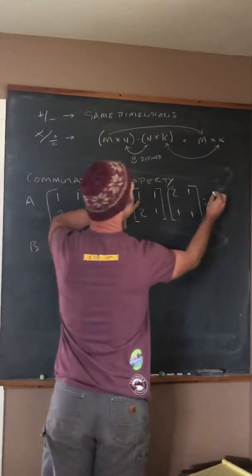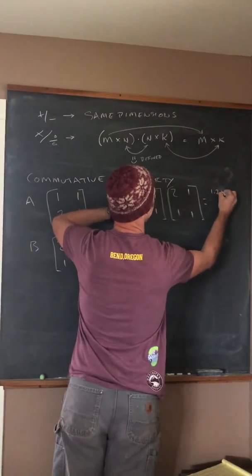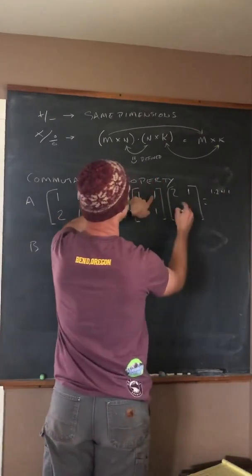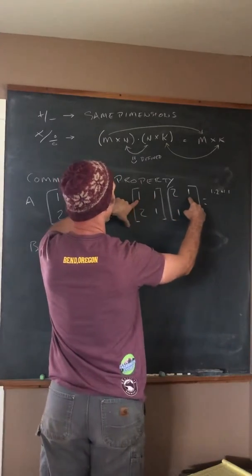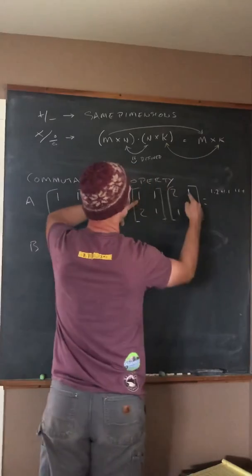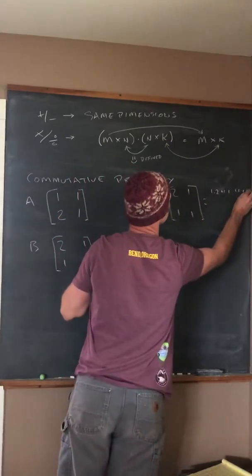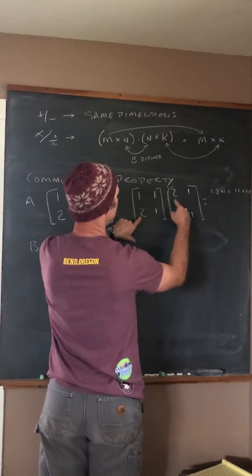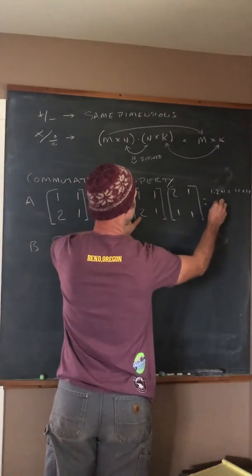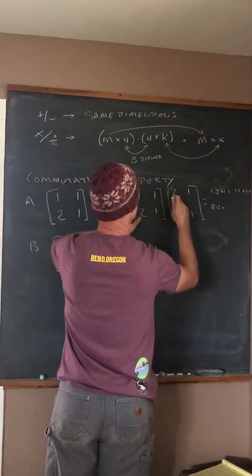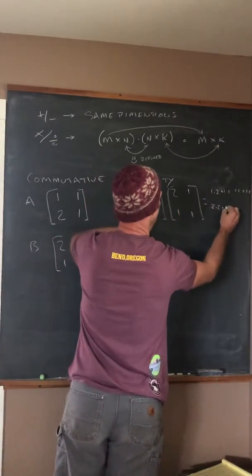1 times 2 plus 1 times 1. Okay? 1 times 1 plus 1 times 1. Okay? Next, 2 times 2. I'm just going to jump to it. 2 times 2 plus 1 times 1.